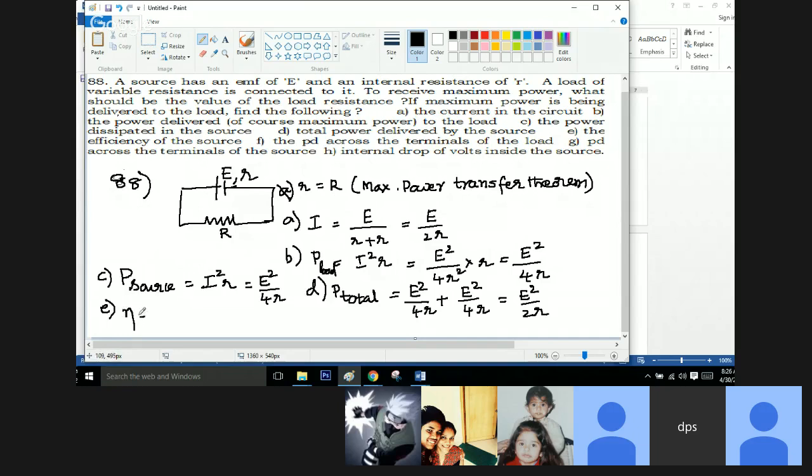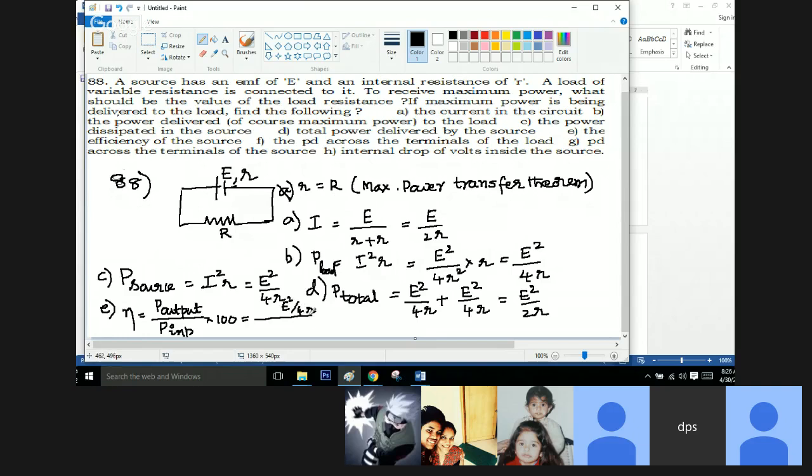Efficiency eta is equal to output by input. Do you remember the efficiency formula from your 11th class? Power output by power input into 100, or I should say total. All right, what is the power output that is coming out? E square by 4r.